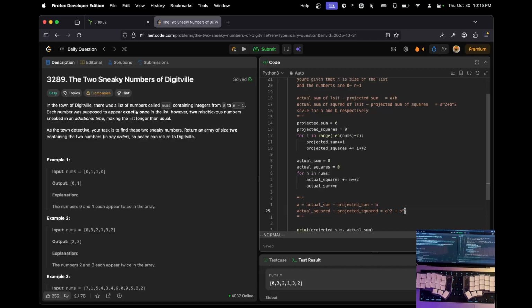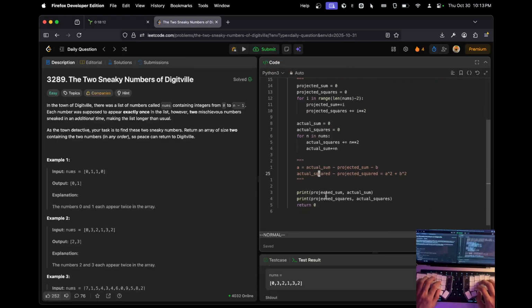We can just plug in the actual minus projected minus b, which would make sense. Let's just make sure.